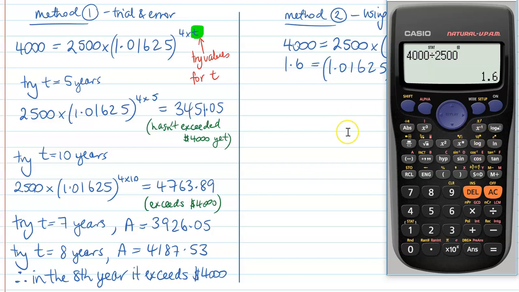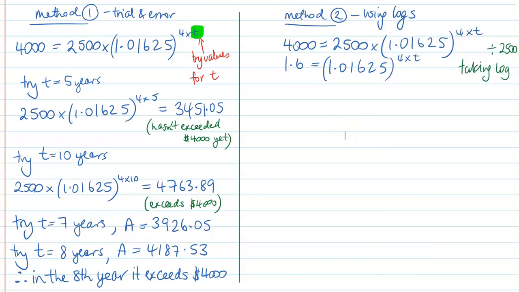Okay. What taking the log essentially does is it brings down the indice to the same level as the other numbers to become a multiply.